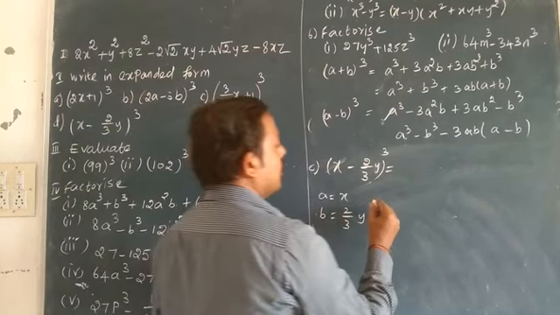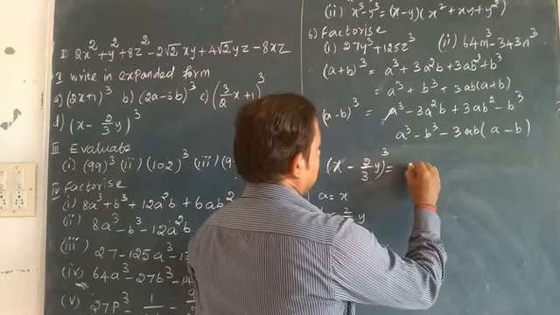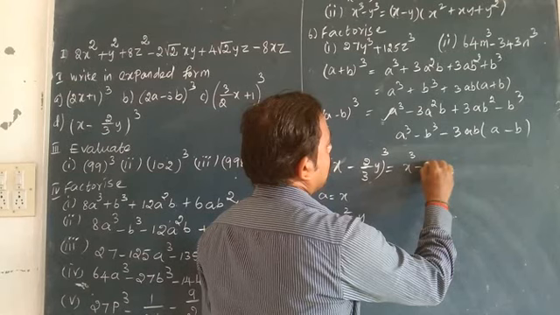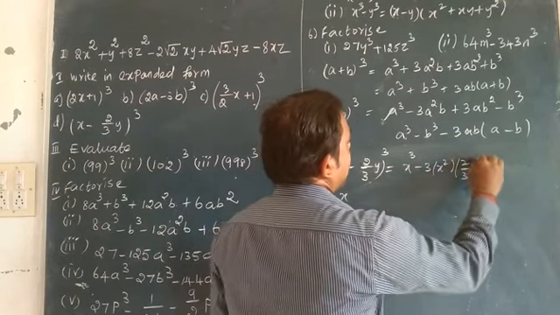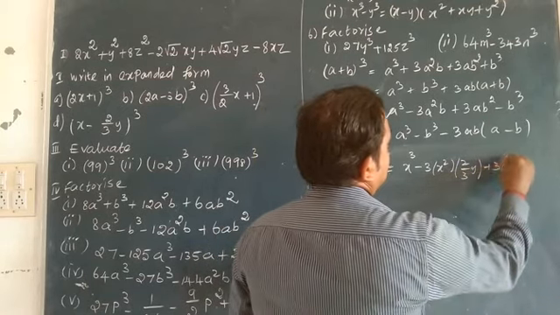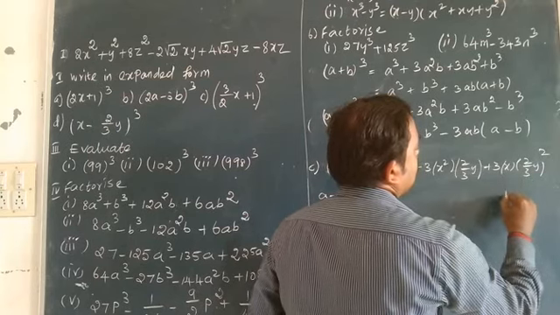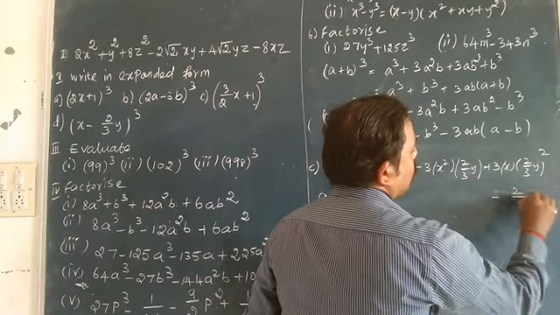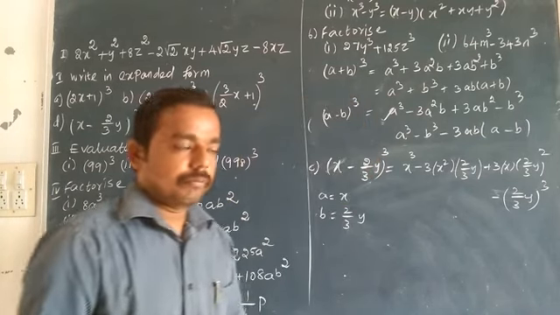This is important. So for that, a value: x^3 - 3 x^2 into b value 2/3 y + 3x into (2/3 y) whole square - (2/3 y)^3. Substitute a and b value.